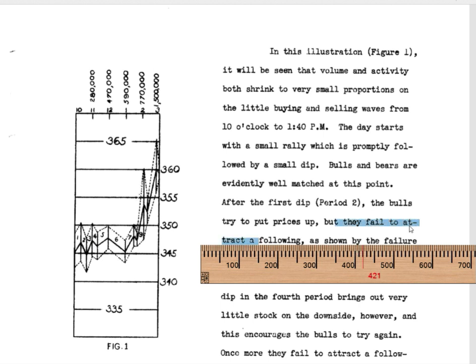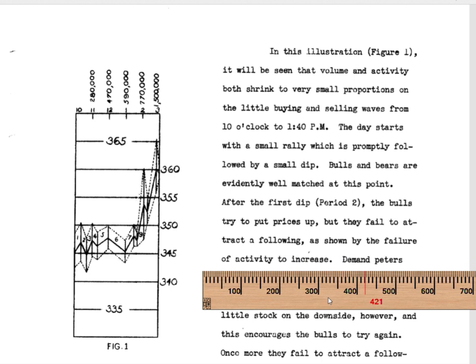How is he determining whether he's attracting the following or not? Let me see if he says it over here. As shown by the failure of activity to increase. So again, he's using this term activity and doesn't really talk about it. I'll try to find what he means by it.